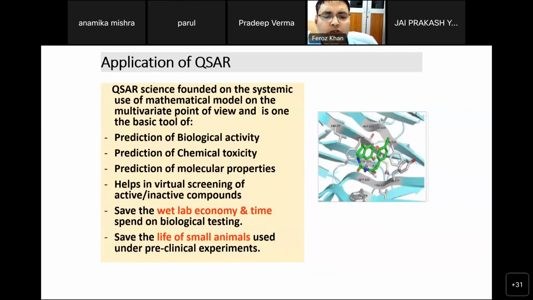And also most important, it is an alternative method to save the life of small animals. So it is now governed by the government of India also. The government of India is asking to develop alternative methods, especially computational artificial intelligence methods, to predict the activity or toxicity of compounds. It may be natural or synthetic or semi-synthetic.